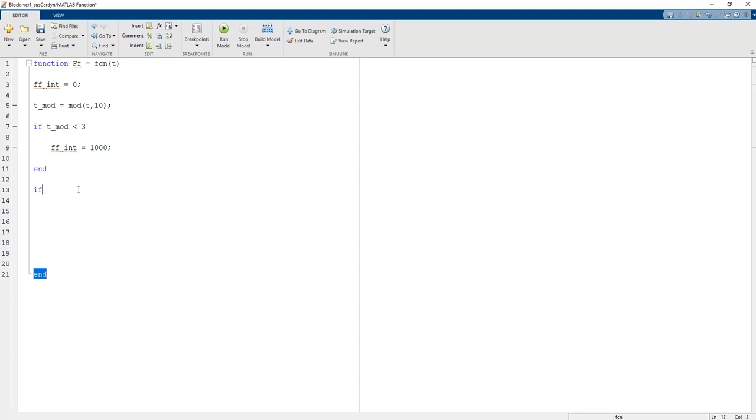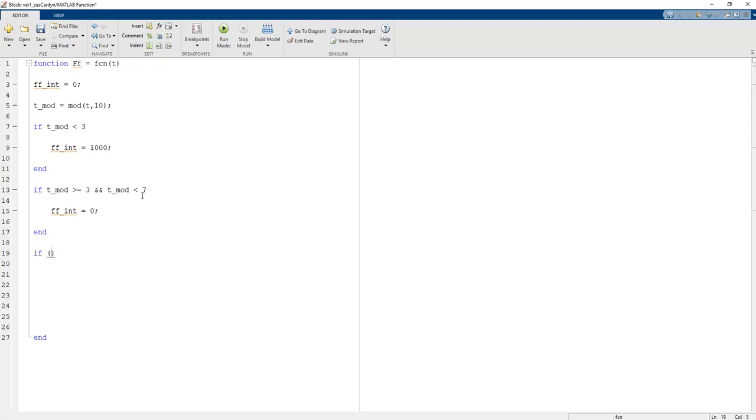Then if t mode is greater than or equal to 3 and smaller than 7, for these 4 seconds ff should be selected as 0, and so acceleration is removed at this position.